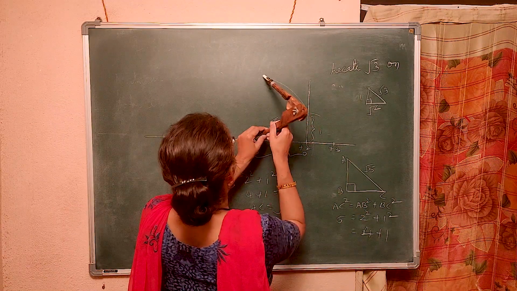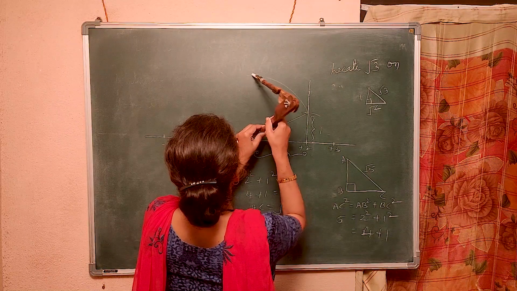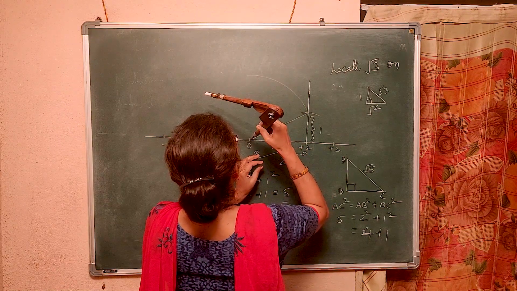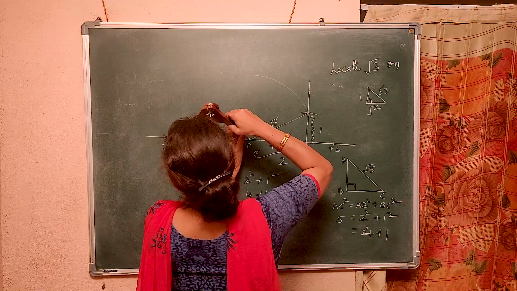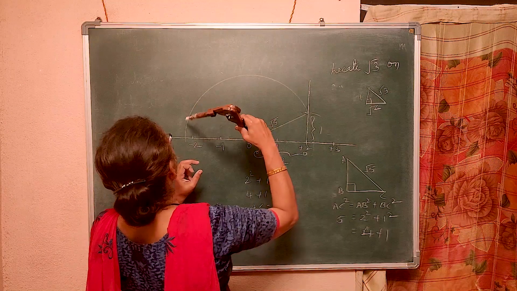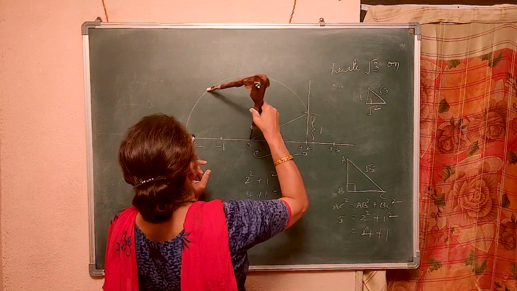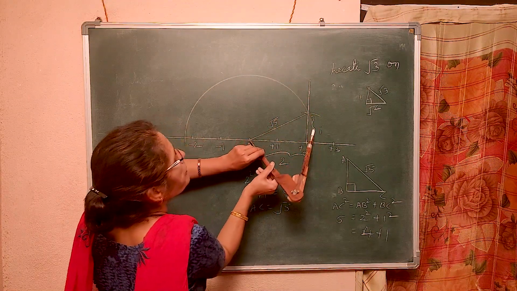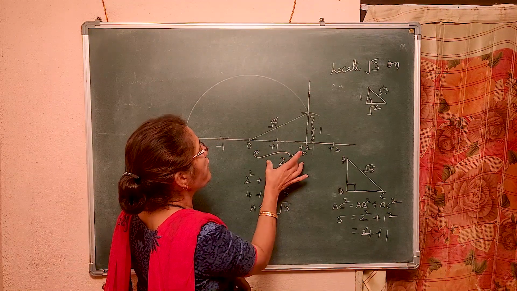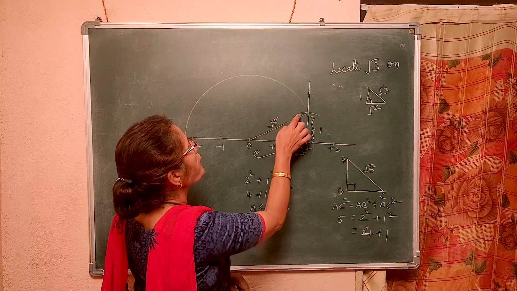Bring it here and in this direction also. Here also you may get 2.2. So, from 0 to 2, 2 units, 1 unit. So, square root of 5.